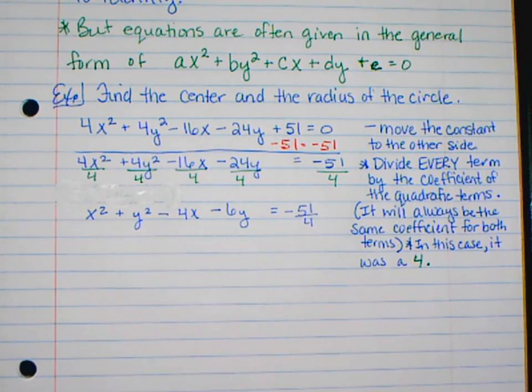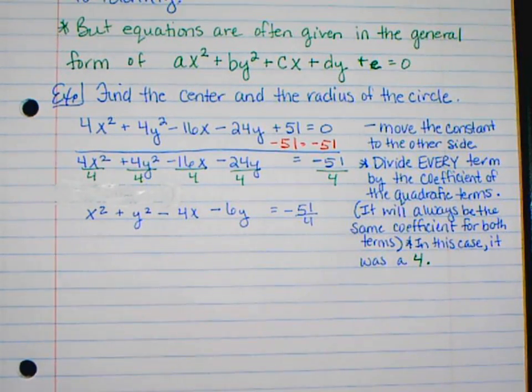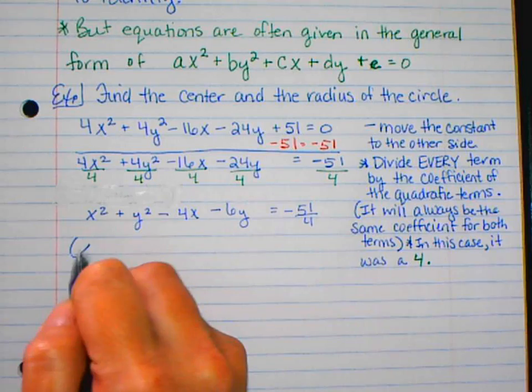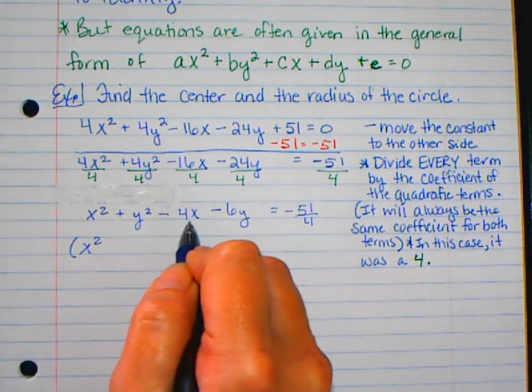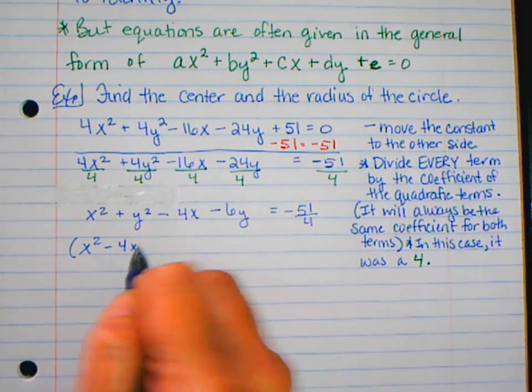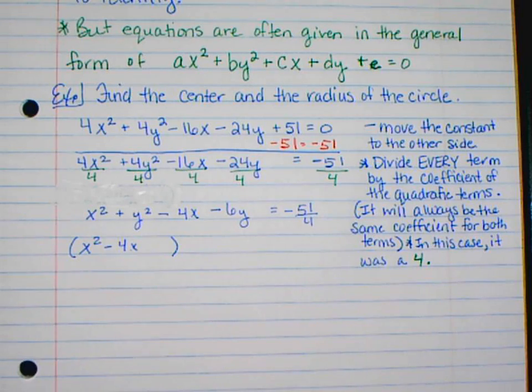So now I'm going to group those x's together and those y's together. In the parentheses, leaving a space, okay? So I'm going to say x squared minus 4x. I'm going to leave a space for a constant. I need to make a perfect square trinomial, a PST, y'all remember.